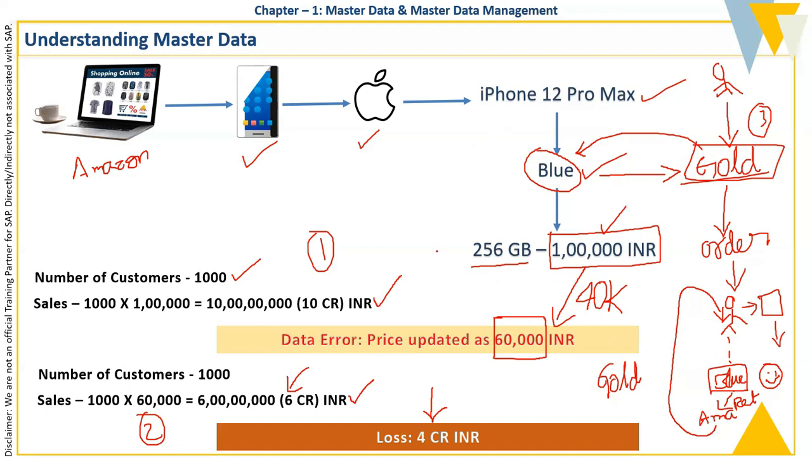And in this particular transaction, we could see various types of data. The first and foremost thing is mobile information. Second, how is this mobile information coming onto Amazon? Some seller is listing these mobile details on the Amazon platform.